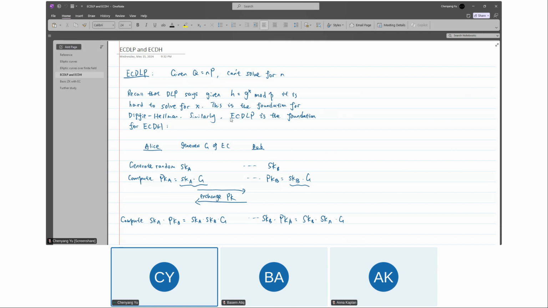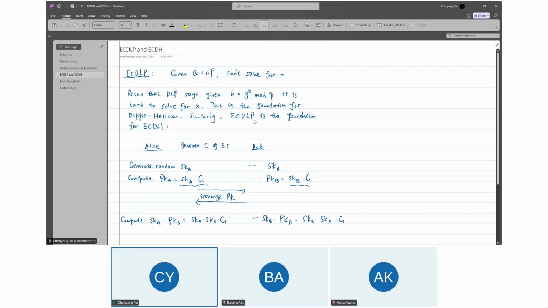Recall that last time we covered the traditional Diffie-Hellman protocol. In traditional Diffie-Hellman, we were using the DLP problem. DLP means I give you h equals g to the x mod p. For example, this value is what I distribute on the internet.